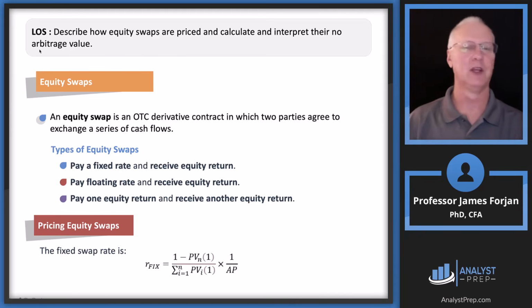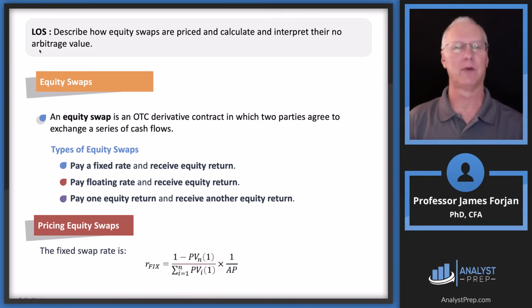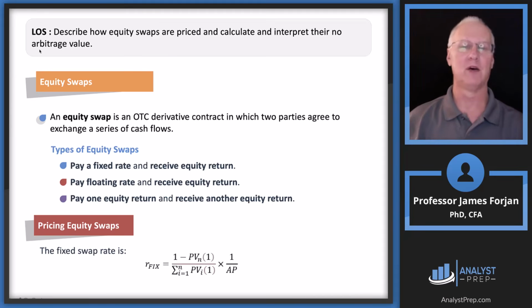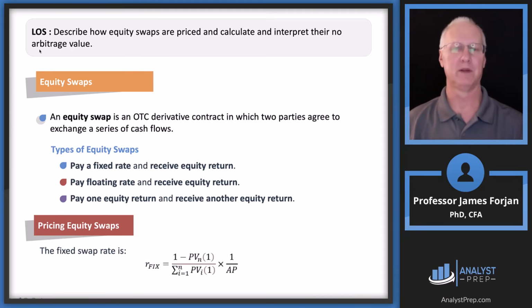For example, you could swap the return on the NASDAQ index for the return on the S&P 500 index. And what that floating for floating does is that it offers the opportunity that you lose on both legs of the payment, or you could win on both legs of the payment.